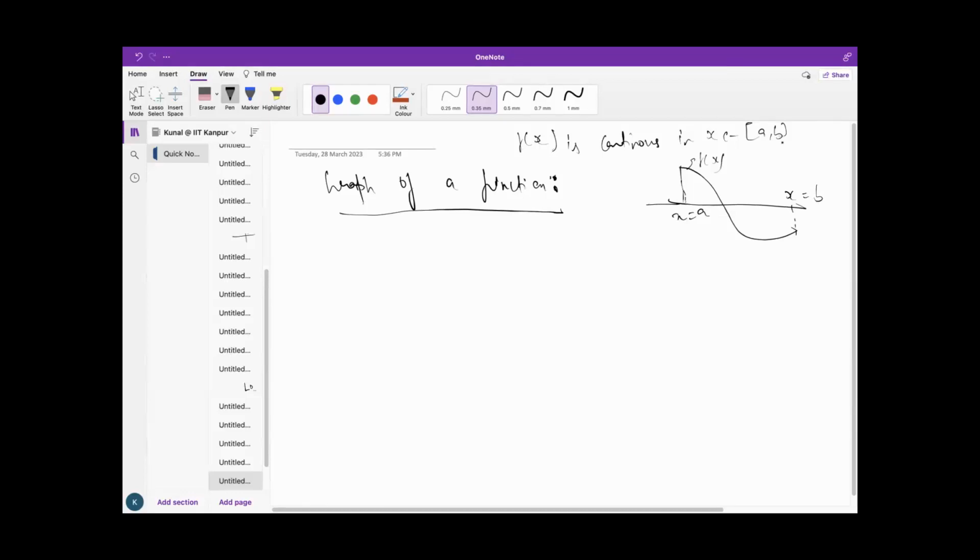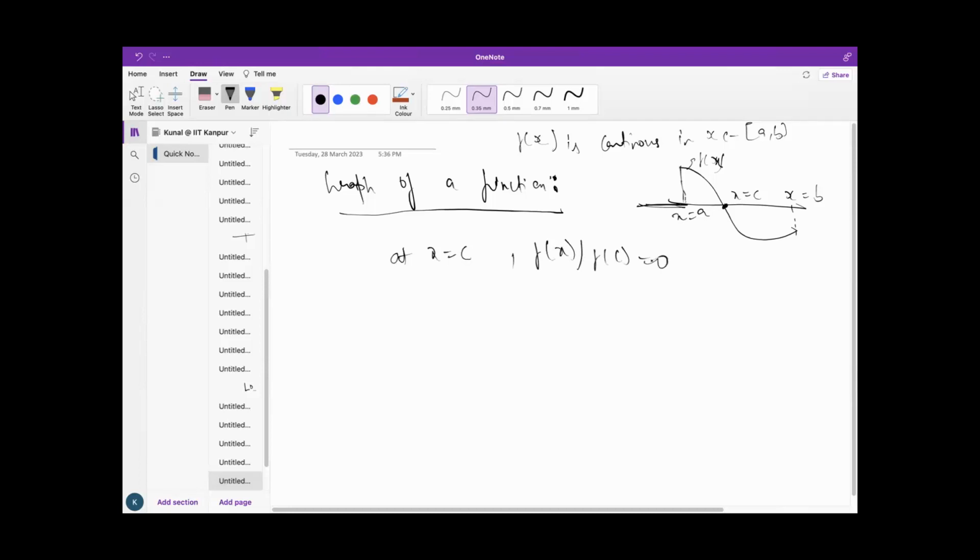So we know that if the value of the function is 0 at some point, let us say it is x is equal to c. So if we look at the graph carefully, we can understand that at x is equal to c, f(x) is equal to, which is actually f(c) is equal to 0.